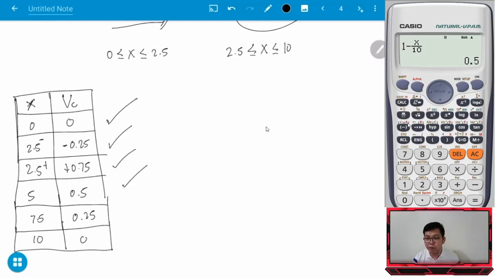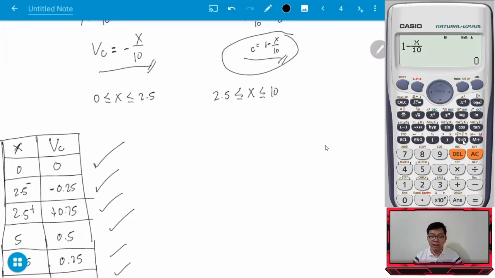And then, pag 7.5, 0.25. And then, pag 10, salamat. Kinabahan ako. So, 0. So, anyway, see? Same lang din, and then I know na alam niyo na kung ano yung gagawin after, di ba? You will plot the points and then connect the dots.